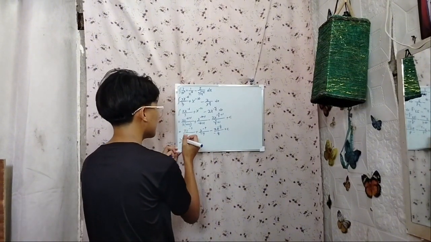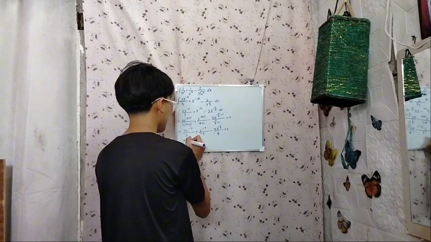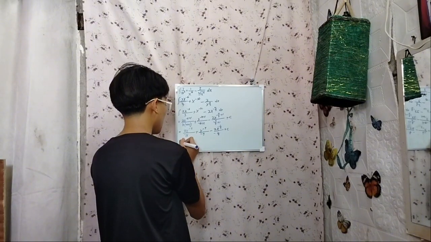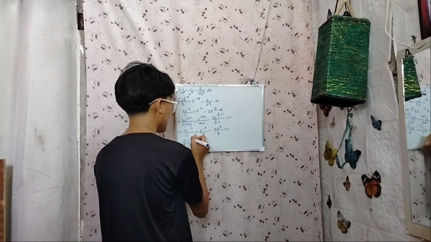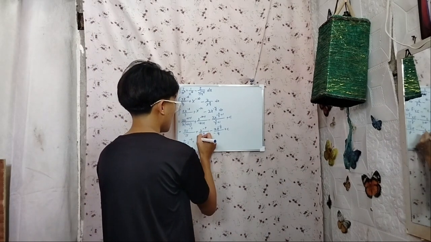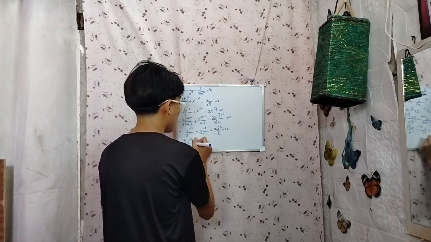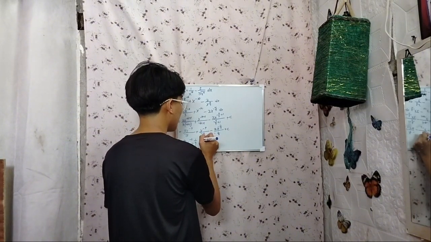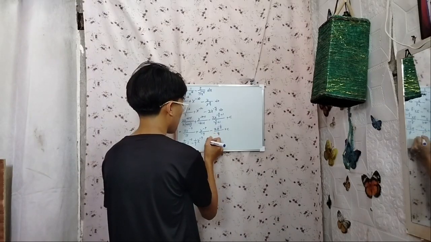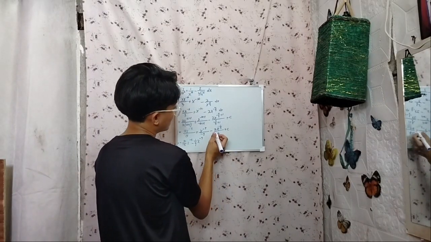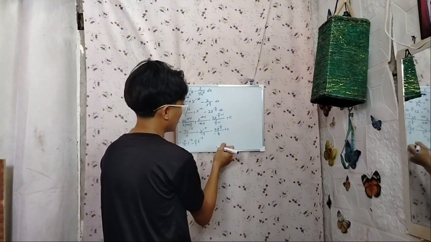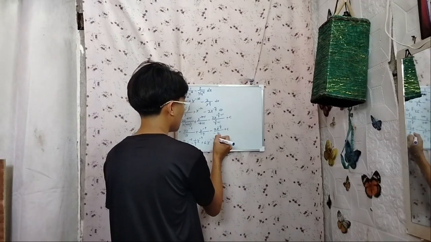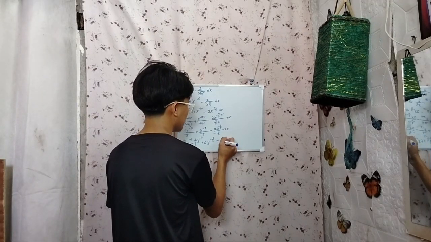Then simplify. So negative 7 over 15 x raised to negative 5, minus 1 over 9 x raised to negative 9, and so simplify, it will become plus 6x raised to negative 1/3 plus c.